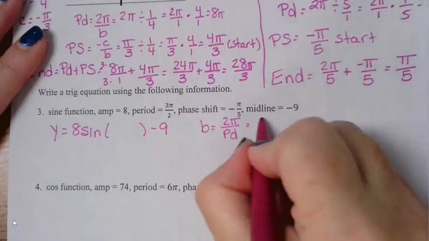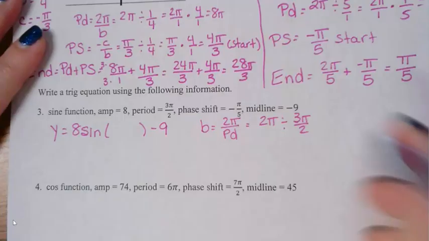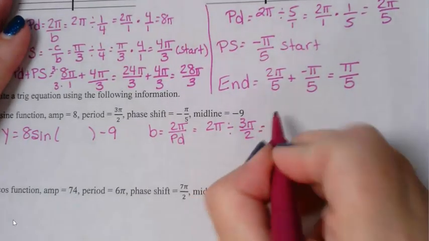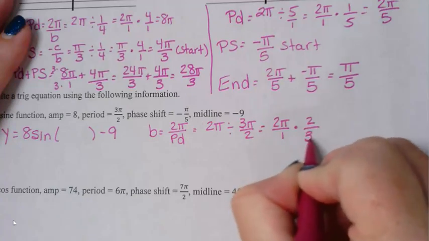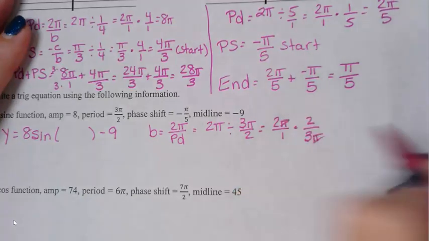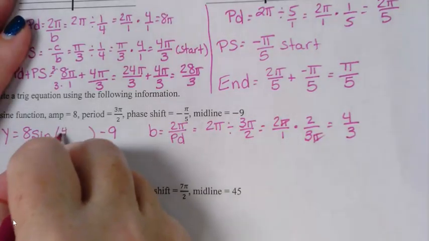Period is a fraction, so I'm going to go old school again. Divide 3 pi over 2. Keep, change, and flip. The pi's cancel, so we get 4 over 3. Okay, so we put that in there.